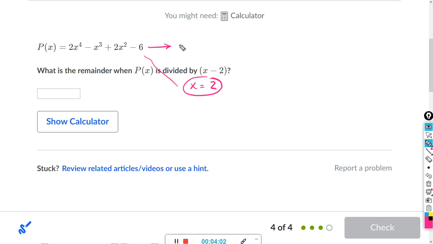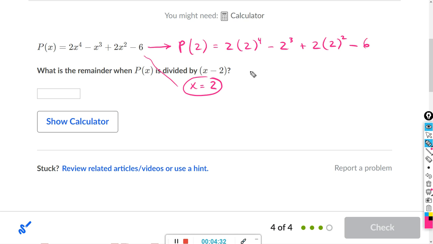Instead of p of x, it's going to be p of 2. And wherever there's an x, you plug in 2. 2 times 2 to the 4th minus 2 to the 3rd plus 2 times 2 squared minus 6.